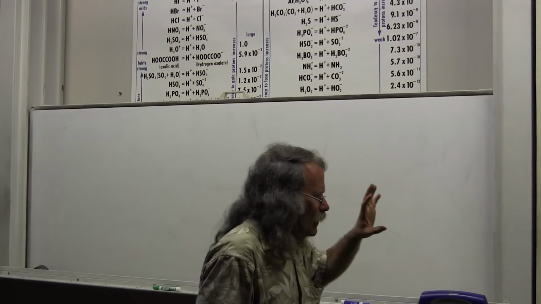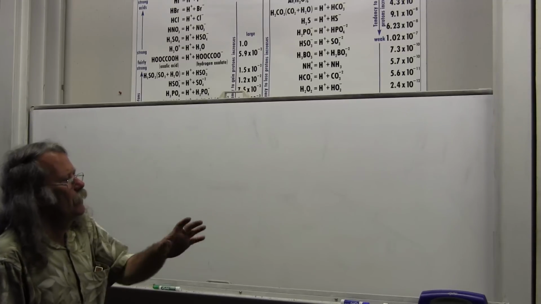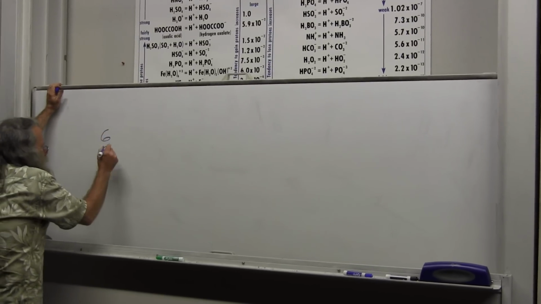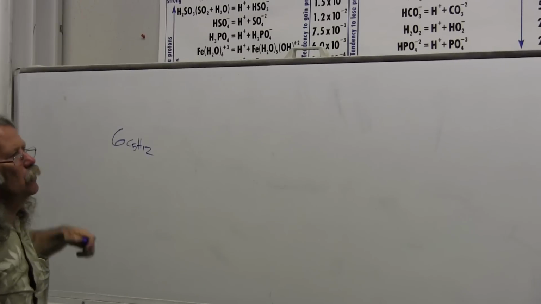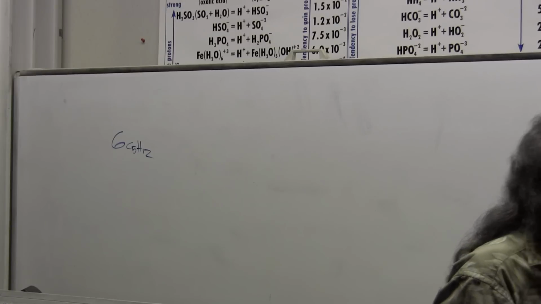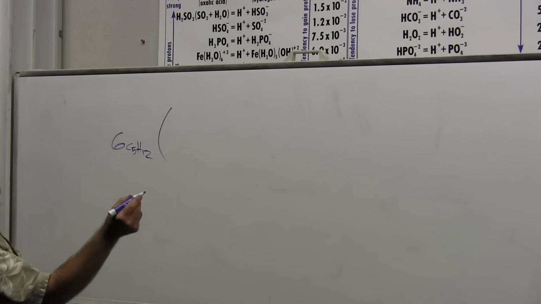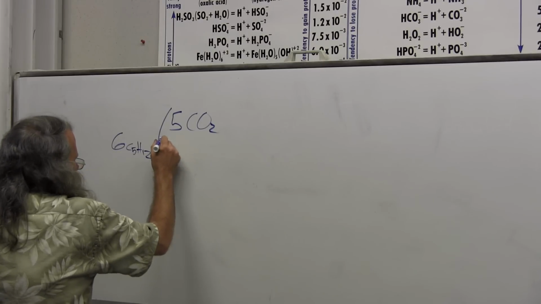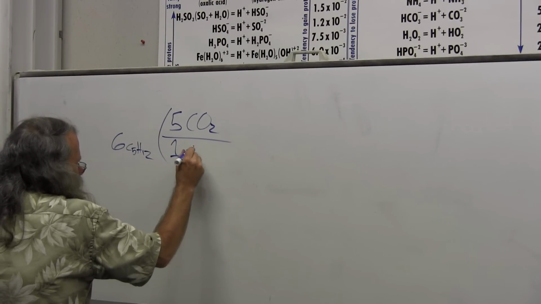I'm asking how many CO2 molecules are produced for every 6 pentanes used. So I'm going to start on the left-hand side with 6 C5H12. Now I look at the balanced reaction, and the mole ratio of carbon dioxide is 5 CO2 for every 1 C5H12.